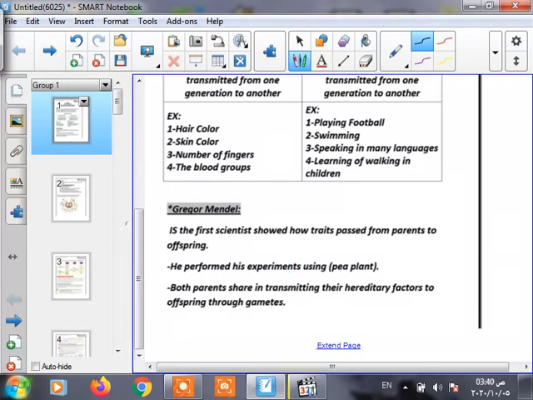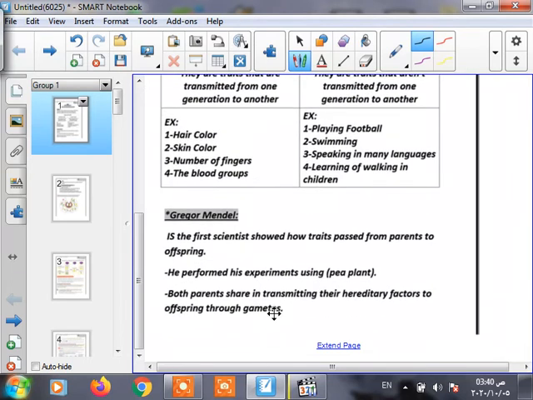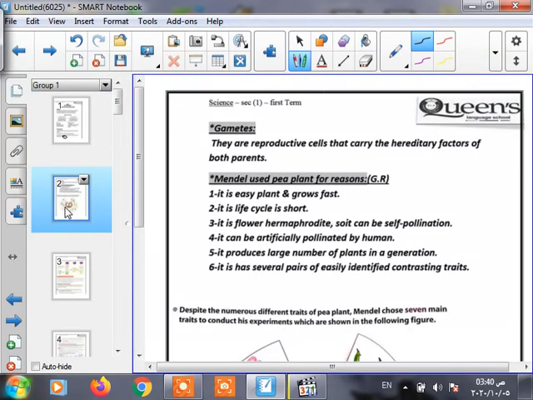Number 4, it can be artificially pollinated by man. And also, number 5, it produces a large number of seeds in the generation. And also number 6, the last one, it has several pairs of easily identified contrasting traits. Contrasting means opposite traits. So the pea has many opposite or contrasting traits.